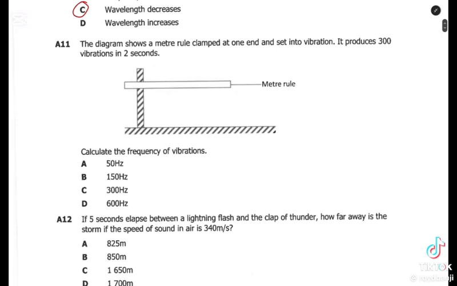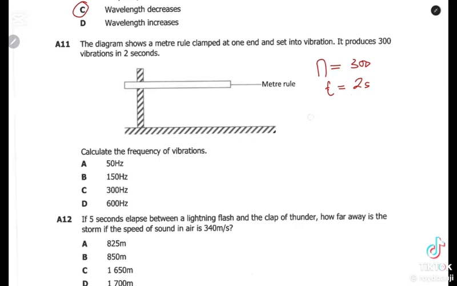Question 11: the diagram shows a meter rule clamped at one end and set into vibration. It produces 300 vibrations in 2 seconds. Calculate the frequency. The number of complete vibrations is 300, as indicated here, and the time taken is 2 seconds.